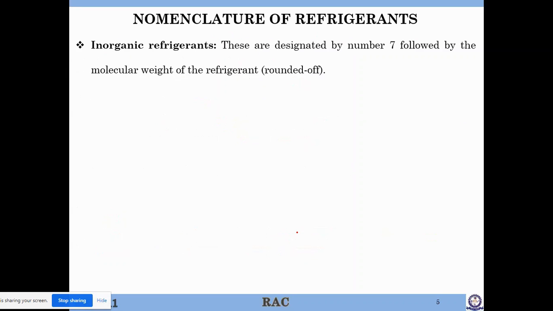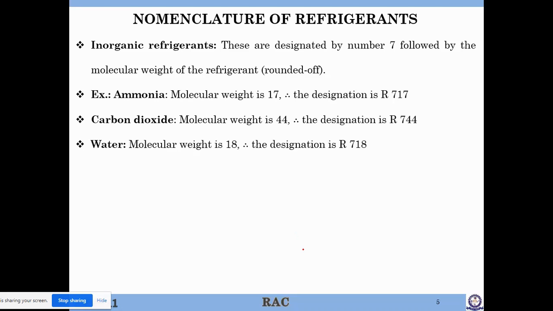Inorganic refrigerants are designated by the number 7 followed by the molecular weight of the refrigerant. For example, the molecular weight of ammonia is equal to 14 plus 3, which is 17. So the designation for ammonia is R717.